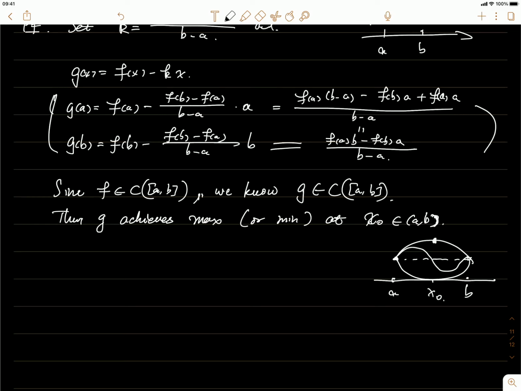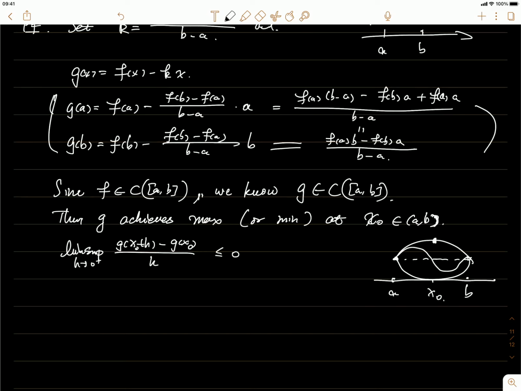Then since it's the maximum, the upper limit of g of x plus h minus g of x over h, as h goes to 0 from the positive side, must be less than or equal to 0.